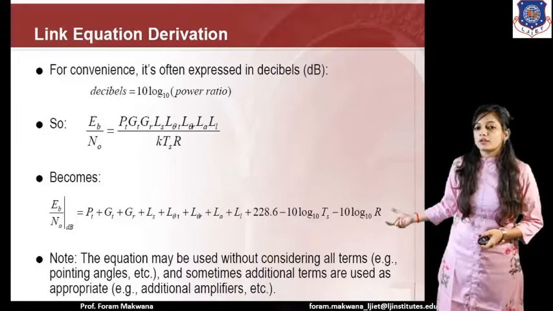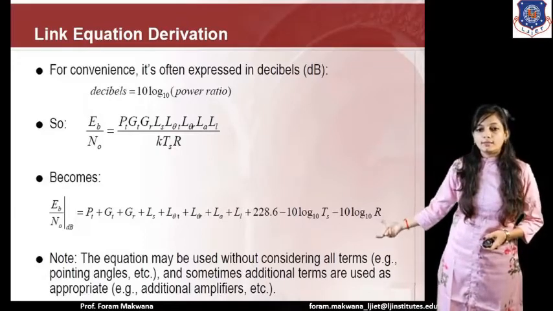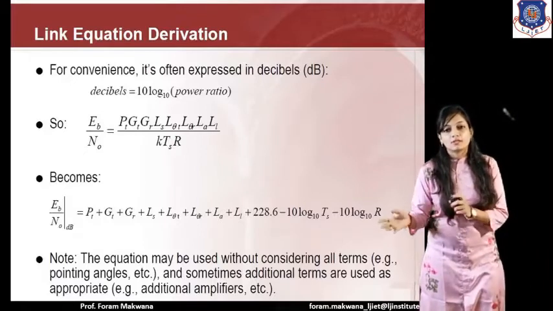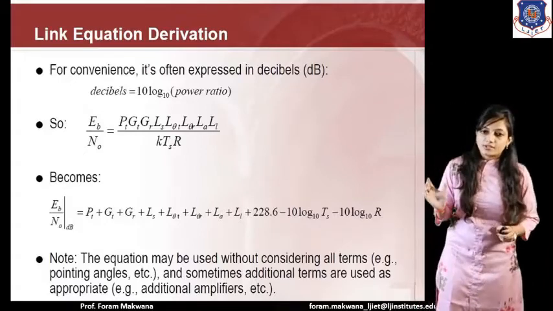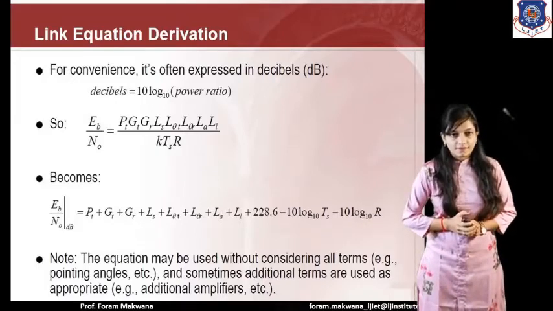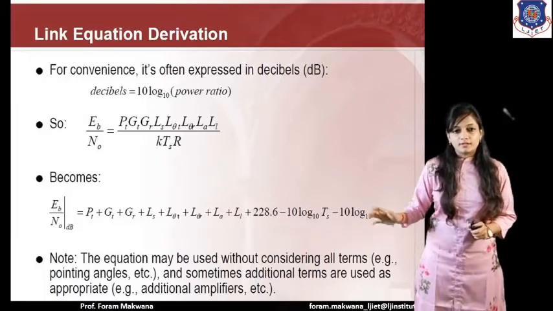If we are going to convert this quantity into dB, we simply need to place plus if multiplication is there and minus if division is there. Okay, that we have already done.